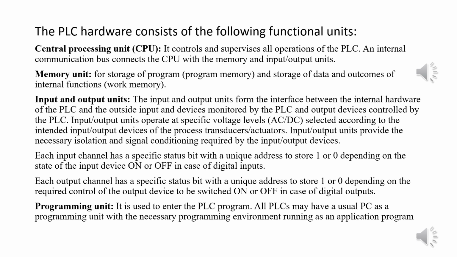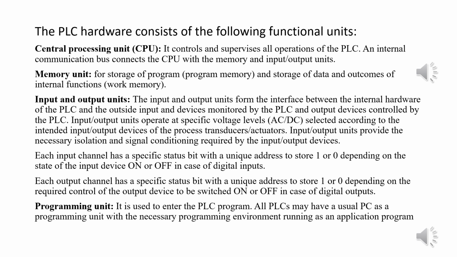Each input channel in the input unit has a specific status bit in the input memory with a unique address to store a 1 or 0 depending on the state of the input device connected to this input channel, whether it is on or off.